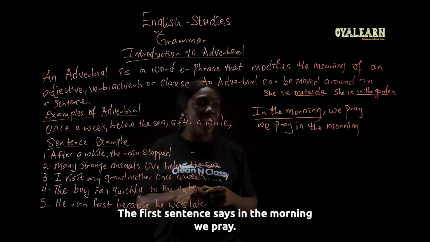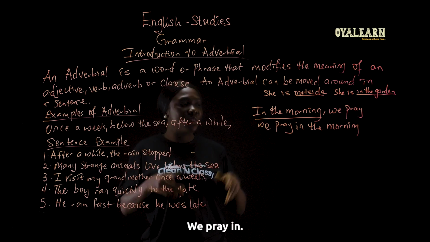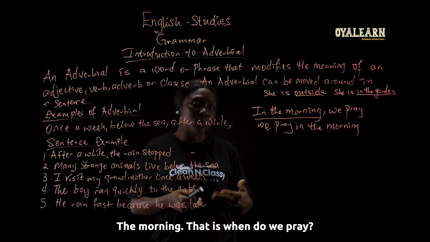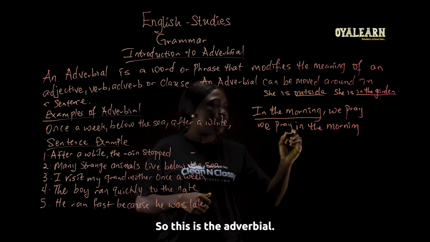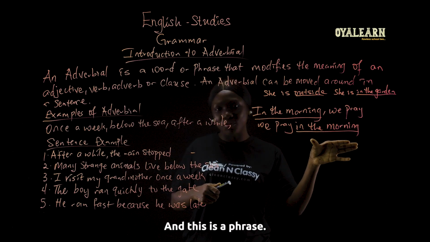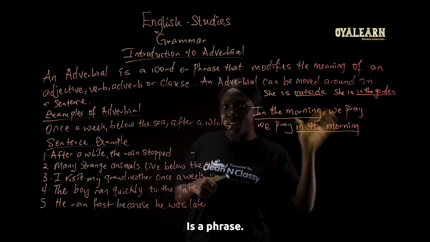The first sentence says, in the morning we pray. The second, we pray in the morning. That is, when do we pray? That is an adverbial of time. So this is the adverbial and it is a phrase.